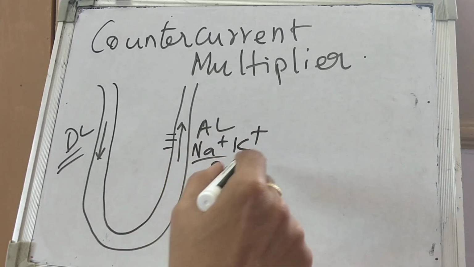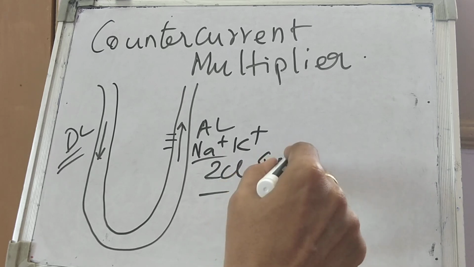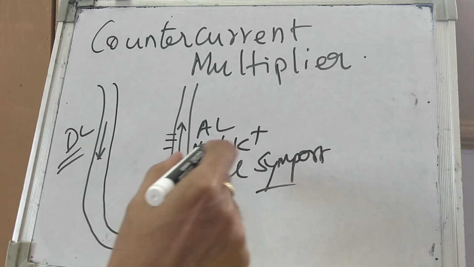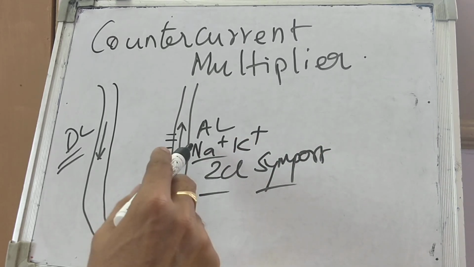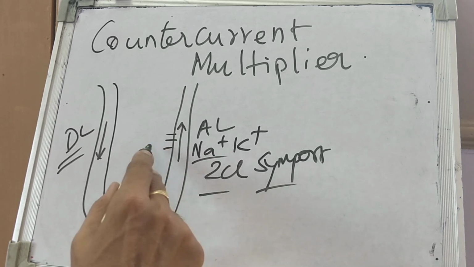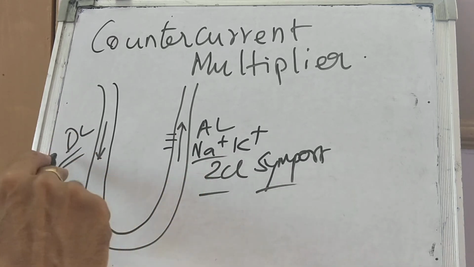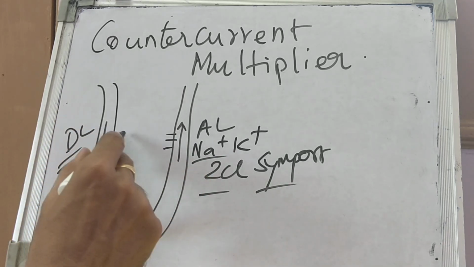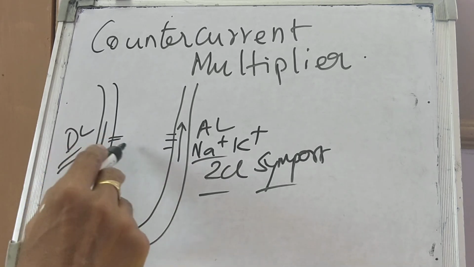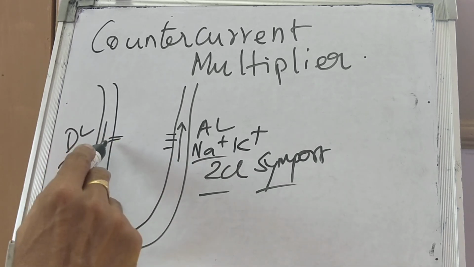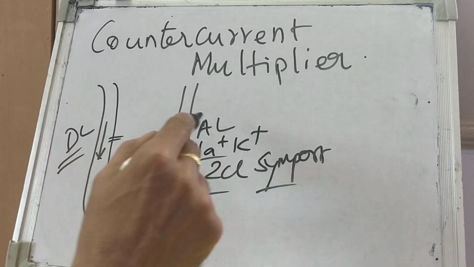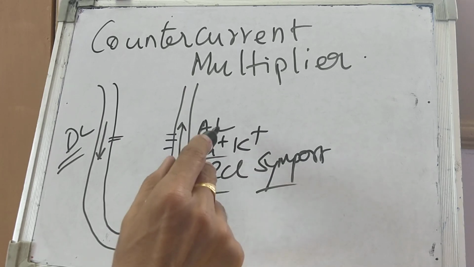So sodium, potassium, 2-chloride symport is present in the ascending limb, that helps in the movement of solutes across the ascending limb. And the descending limb contains the aquaporin channels, and that helps in the movement of water. So it is permeable to water only, and this is permeable to solutes only.